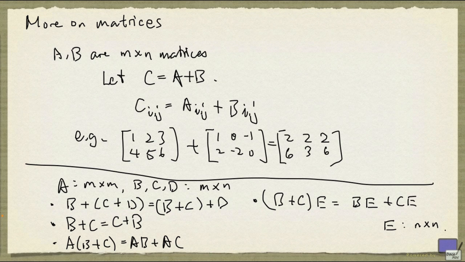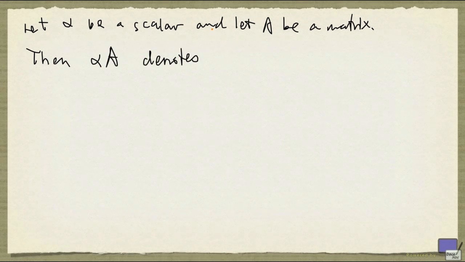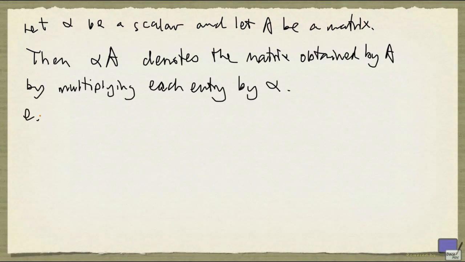Now, the next set of properties that we're looking at concerns what is called scalar multiplication of a matrix. So let alpha be a scalar. If we're working over the real numbers, alpha will be a real number. And let A be a matrix. Then when we write alpha A, it is the matrix obtained from A by multiplying each entry by alpha. So for example, suppose we are working over the complex numbers.